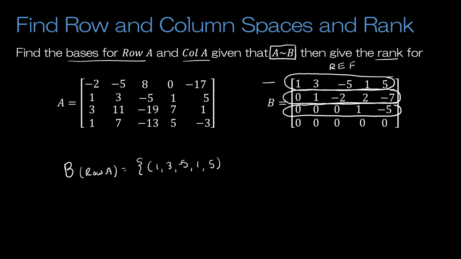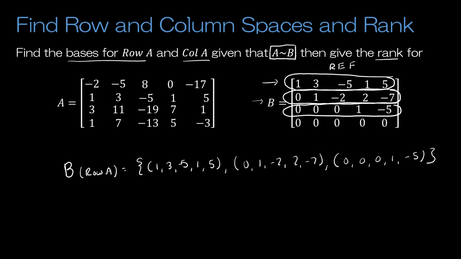That's that first row in row echelon form. The next non-zero row is 0, 1, -2, 2, -7. And the third non-zero row is 0, 0, 0, 1, -5.